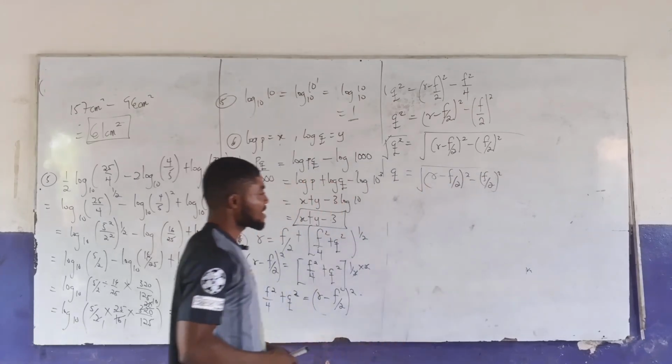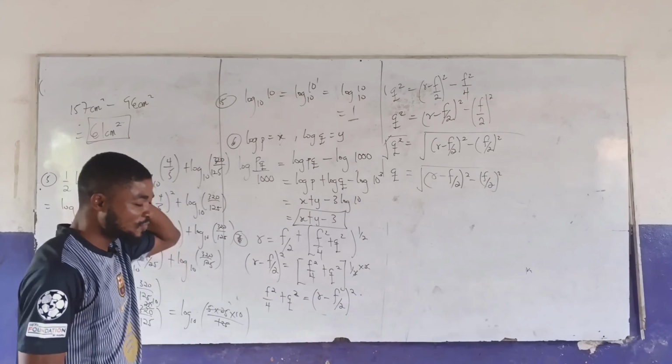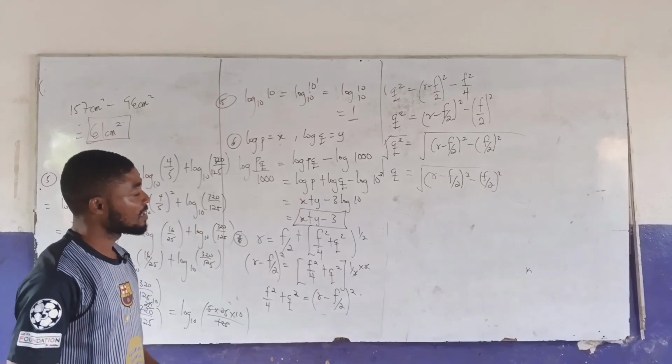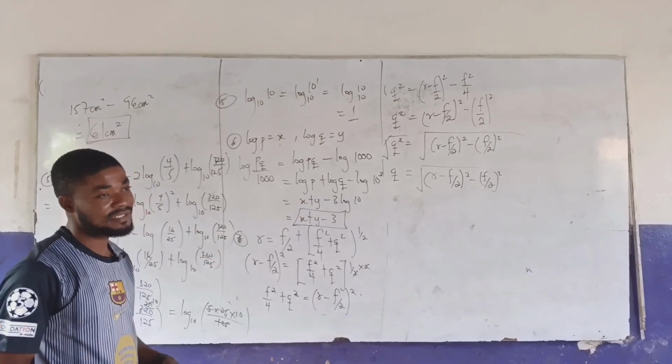So somebody will say, why didn't you work with the difference of two squares, or let's say the perfect squares that you're talking about? You just did it for doing sake.